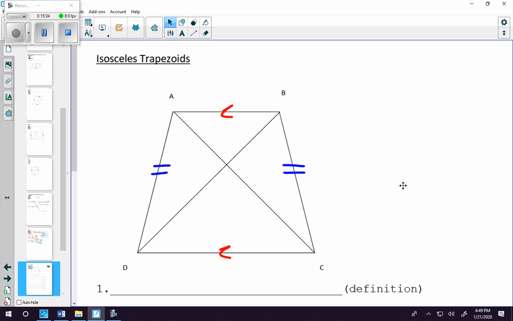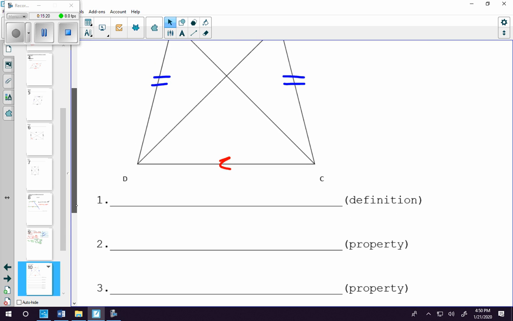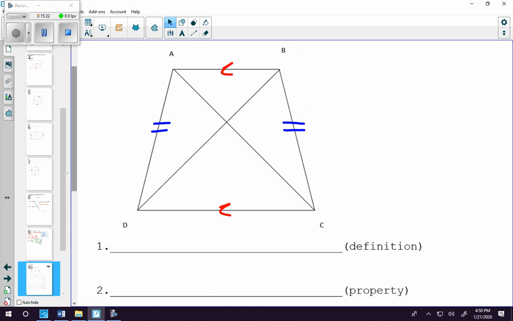So by definition, an isosceles trapezoid is a trapezoid that has one pair of opposite sides parallel, that'd be segment AB and DC, and the other pair of opposite sides congruent, segment AD and BC. Everything else will follow as a property. So let's go through the properties if you want to fill in the blanks.